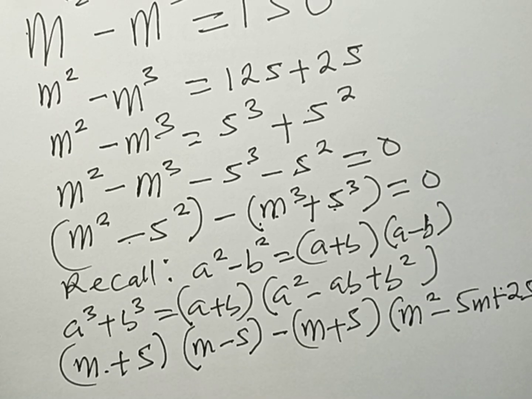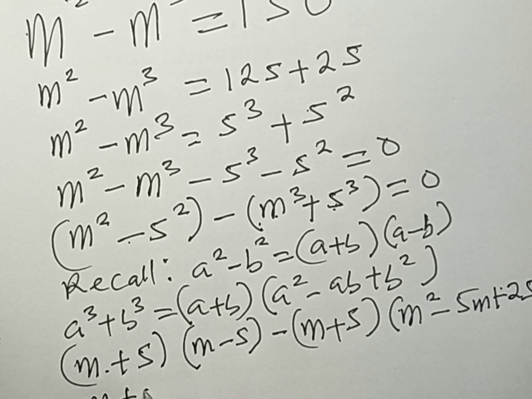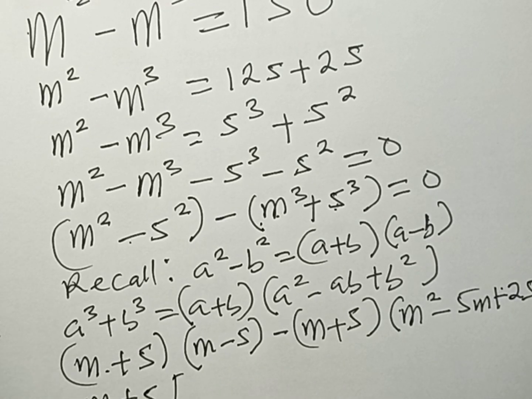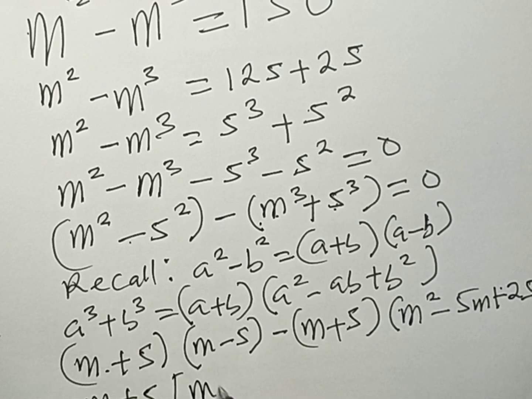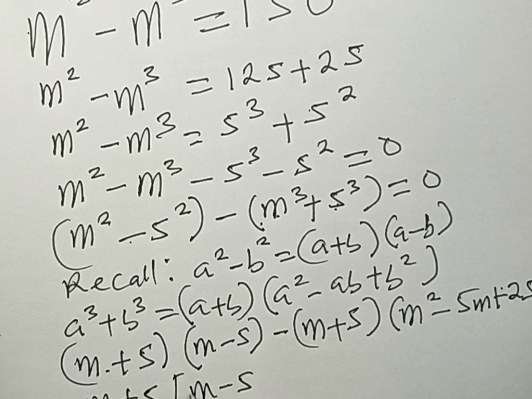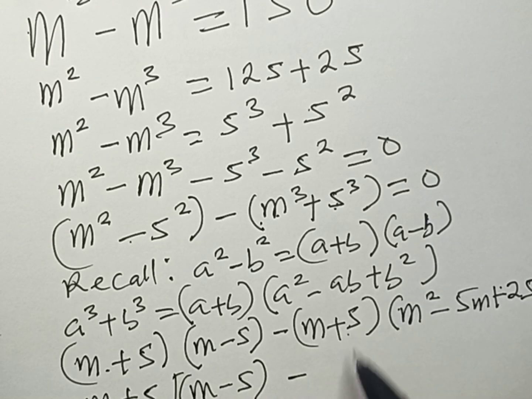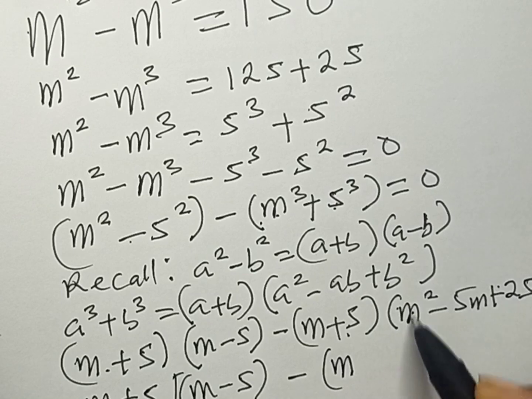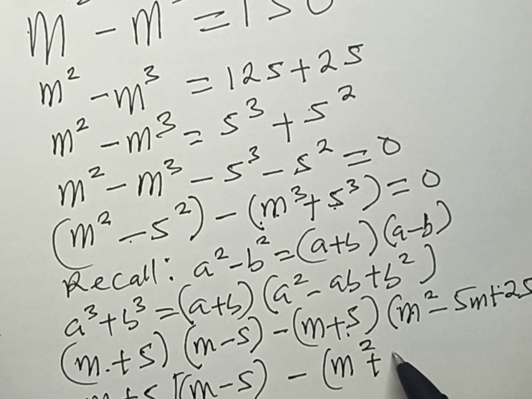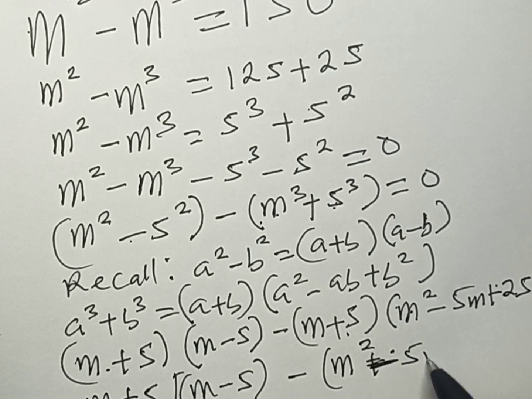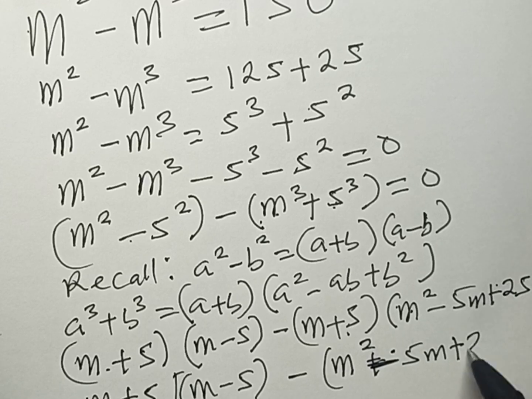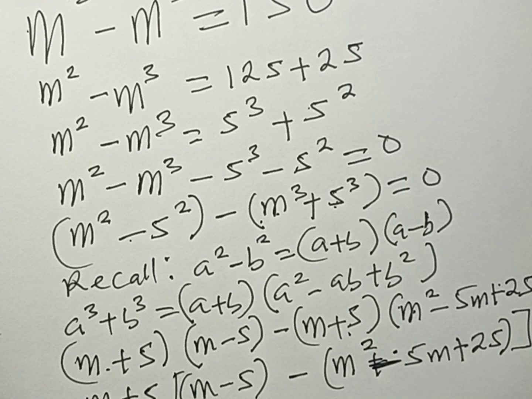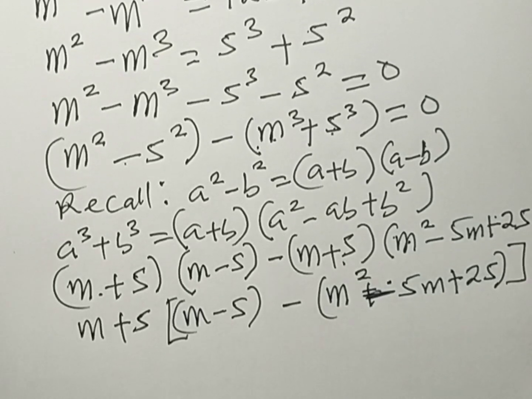So we're going to have m plus 5 is common, open bracket, m minus 5, then minus what we have here is m square minus 5m plus 25, close bracket. That is all we have.